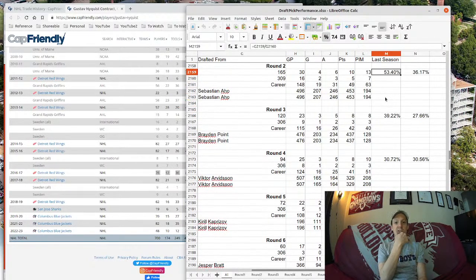And a round two is more or less 54%. So a third and a seventh is equal to a second in value. And I would rather have two chances than one. Or would I? Would I want two chances? See, because the second round pick is more likely.